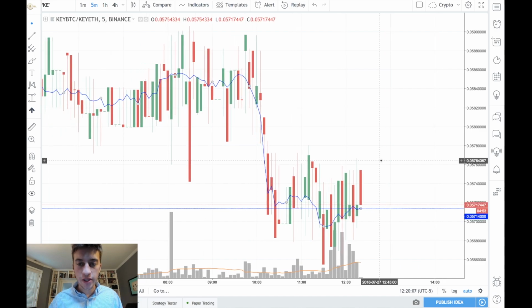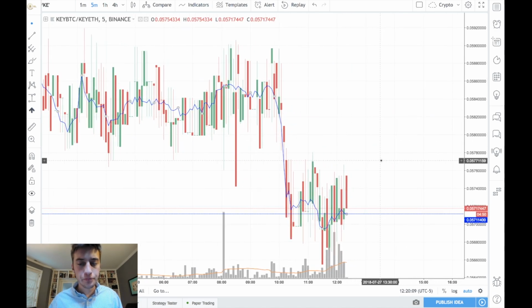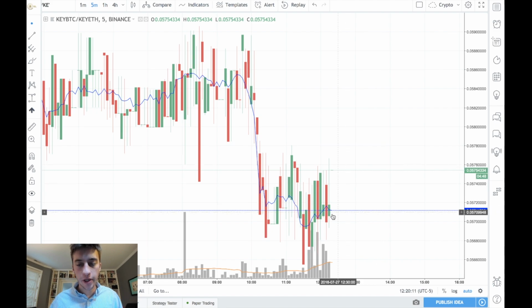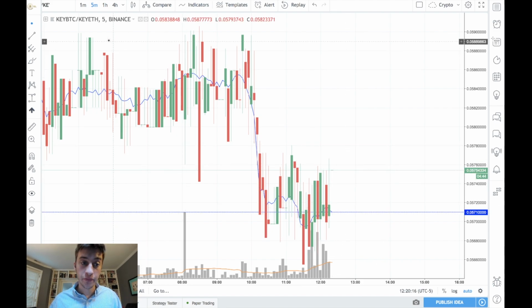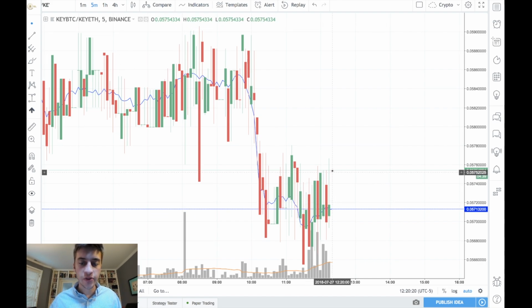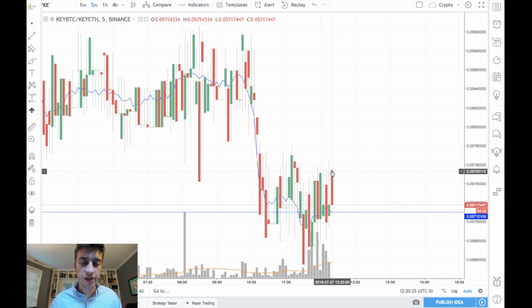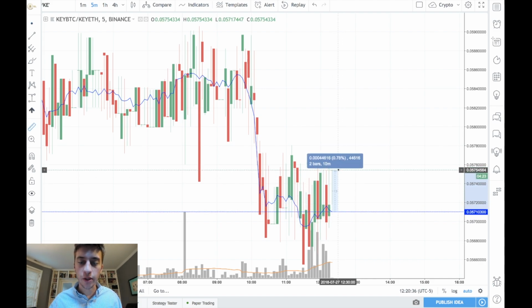So what this shows is that at the current ETH BTC rate, we would potentially want to buy KEY ETH and immediately sell it back to KEY BTC. The reason I say that is you can see that that rate is trading here. Well, now someone just sold here, but the rate's trading here, which means that if we were to buy KEY ETH, then sell that back to KEY BTC, then convert that BTC back into Ethereum, we would receive an instant 0.78% profit.